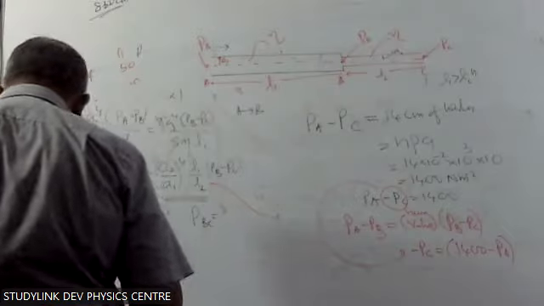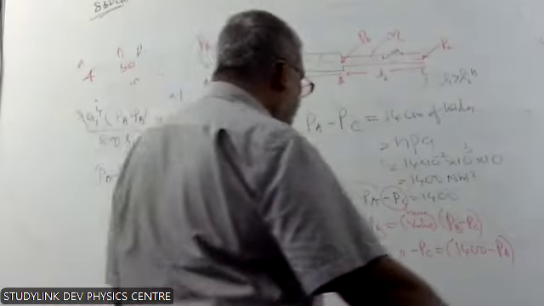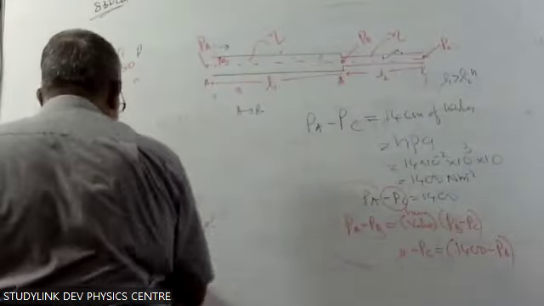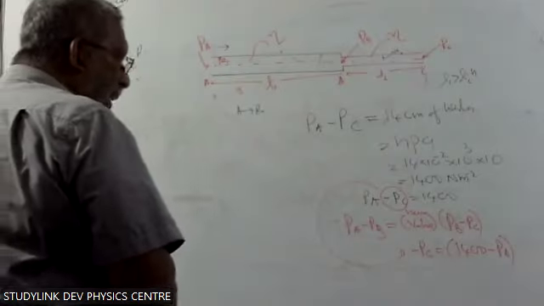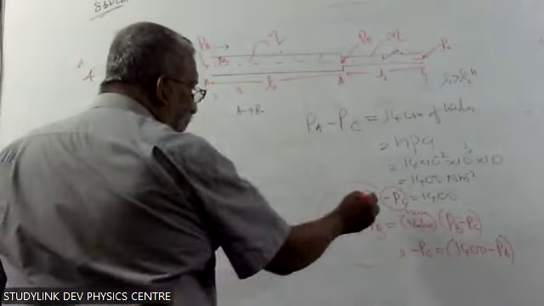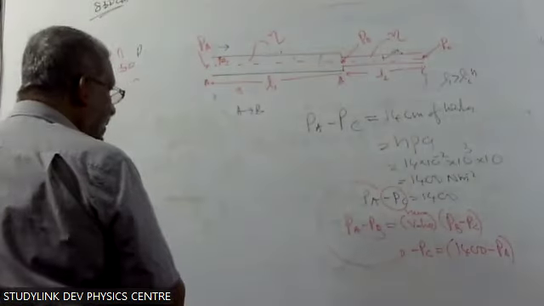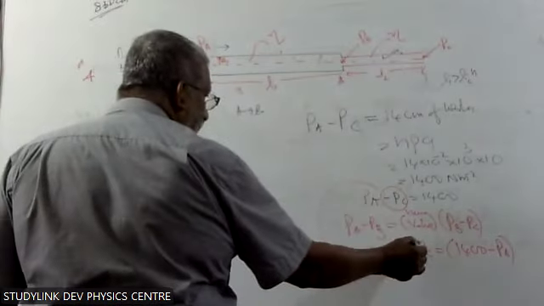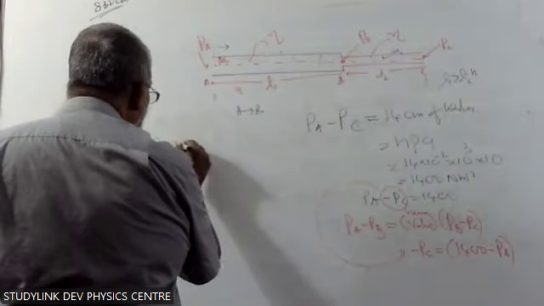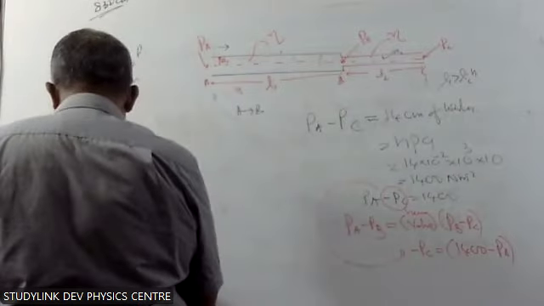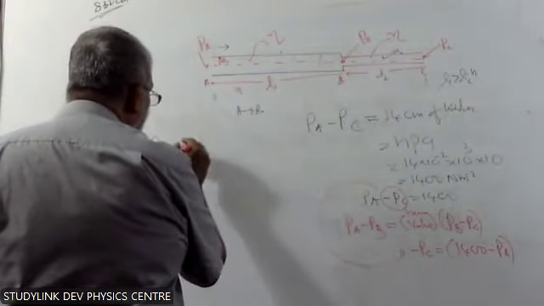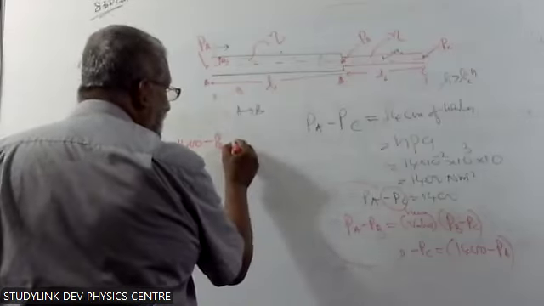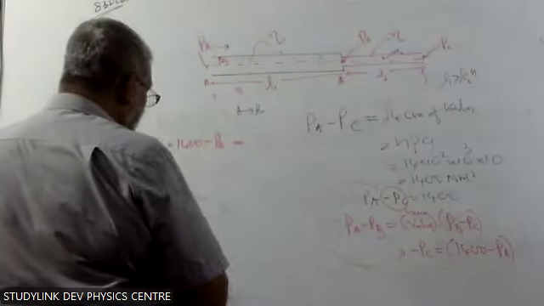Then, look at this. What I'm going to do now. Here, PA minus PC, for that I'm writing 1400, in red I'll write: 1400 minus PA is equal to that particular value.